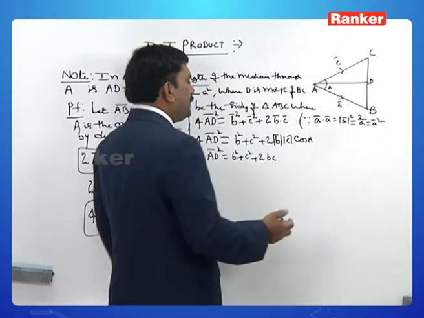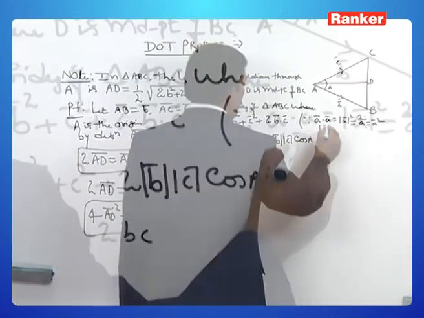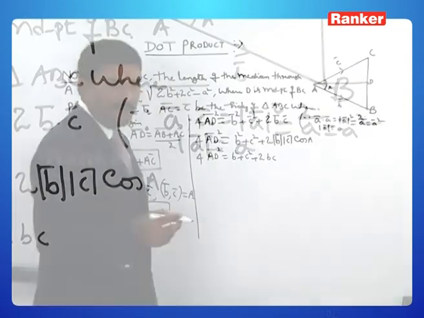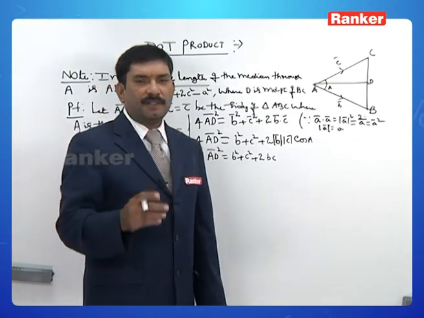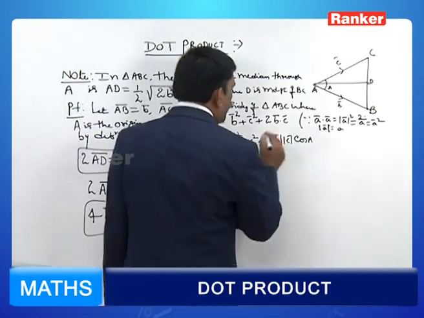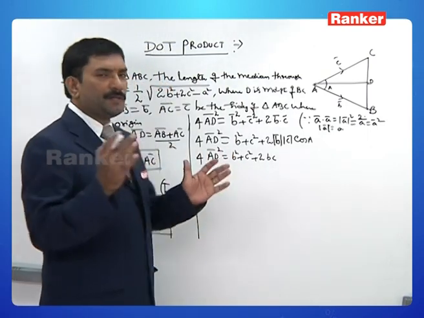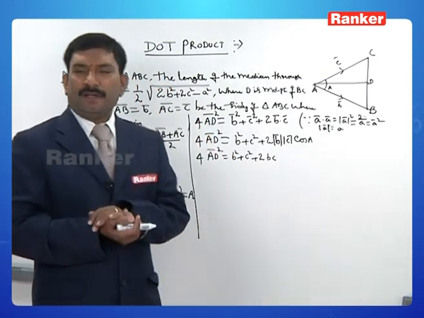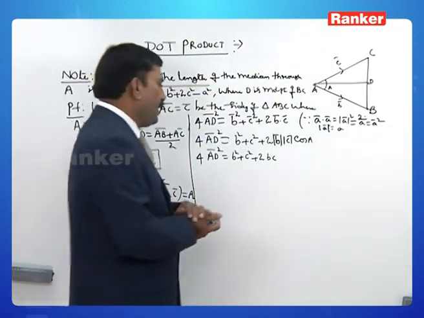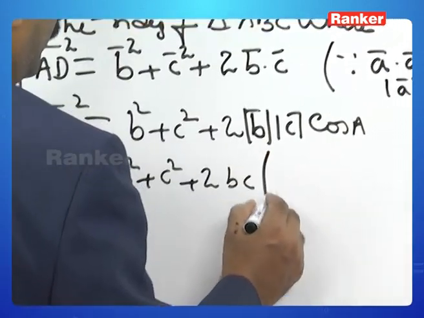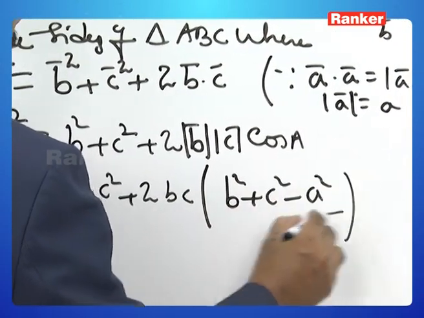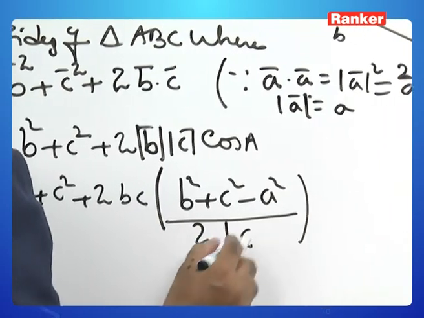The modulus of a bar is nothing but just a, which represents the length of the side. According to the cosine rule in a triangle ABC, cos A can be written as b square plus c square minus a square by 2bc.